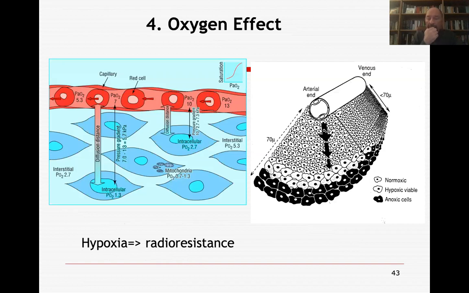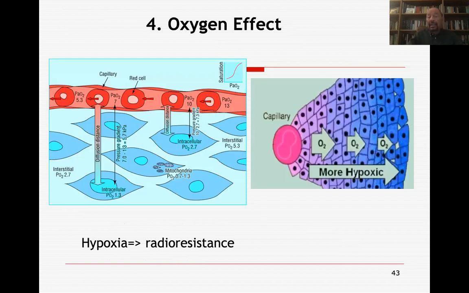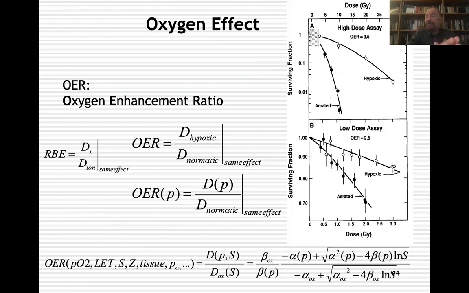Oxygen effects. We have discussed this already in the chemistry lecture, how important oxygen is for the fixation of the radicals and for the fixation of damage. And we also said that the more oxygenated the cells are, the more sensitive they are. This is expressed in what we call the oxygen enhancement ratio.